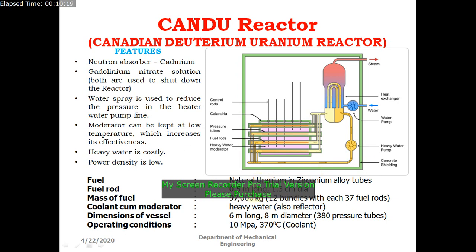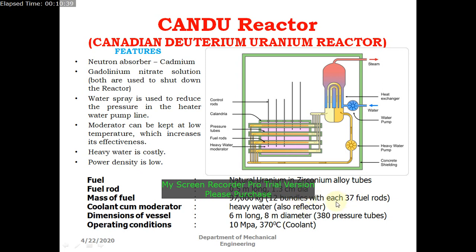Such rods are taken such that 37 rods are bundled to form a single bundle, and 12 such bundles are inserted into the pressure tubes. So totally 12 bundles with 37 fuel rods each.